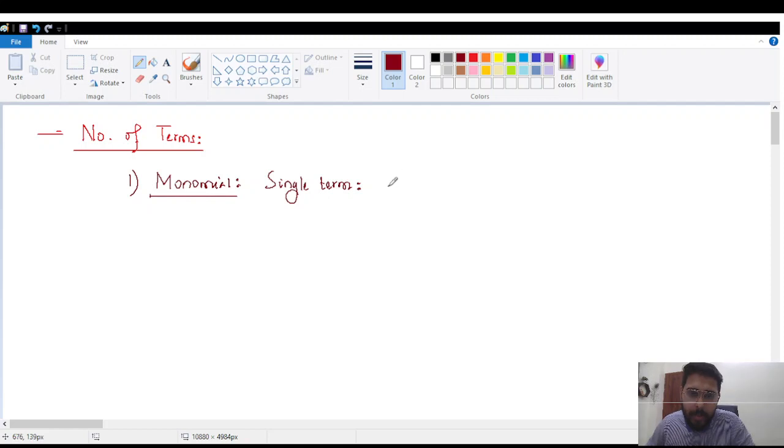If I want to give you an example, it can be 2x. 2x is a combination, that is multiplication or division, of one numerical and one variable, which is considered to be a single term. Then x square is also a monomial, a multiplication of two variables. Then xyz is also a monomial. Then simply the numerical 5 is also a monomial. All of these are examples of monomials.